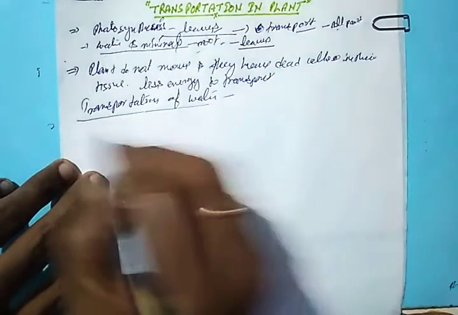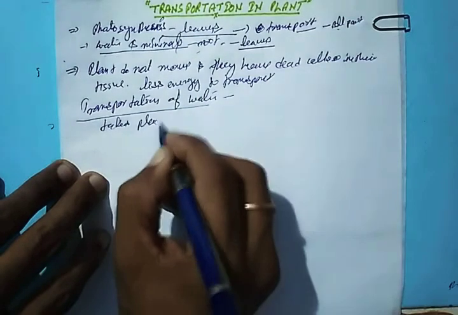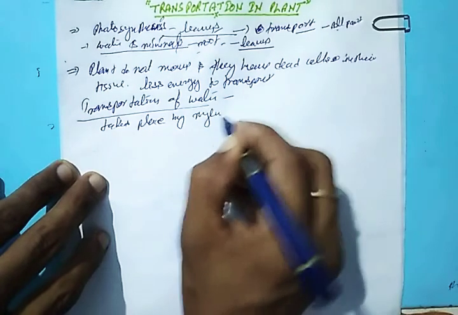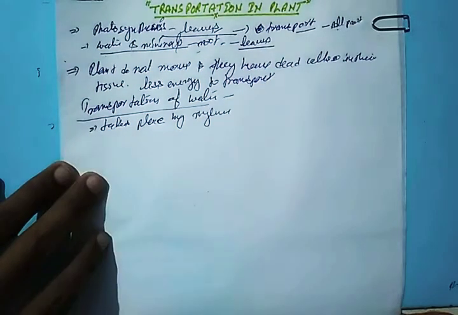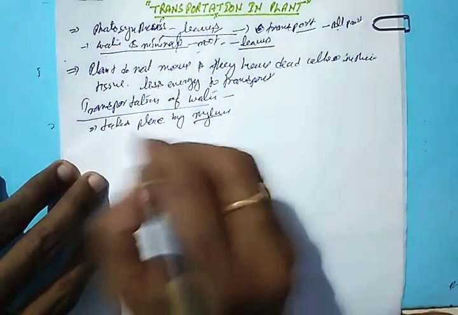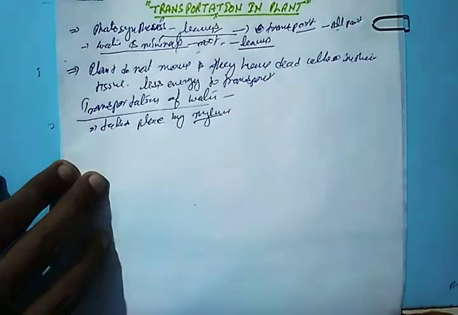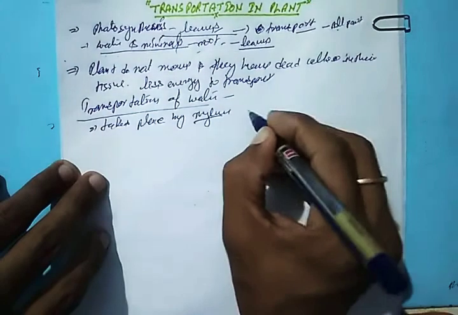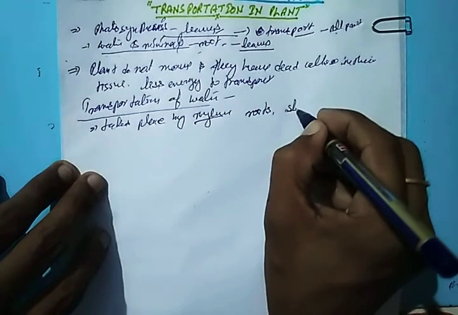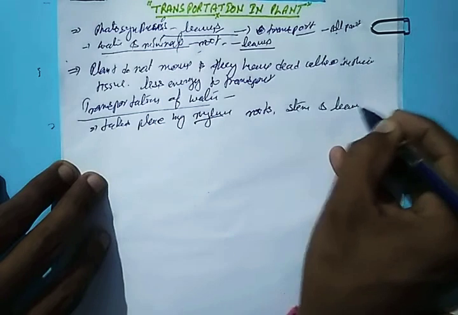Transportation of water takes place by xylem. We studied xylem in earlier class ninth. It takes place by xylem, which is present in the roots, stem, and also in leaves.